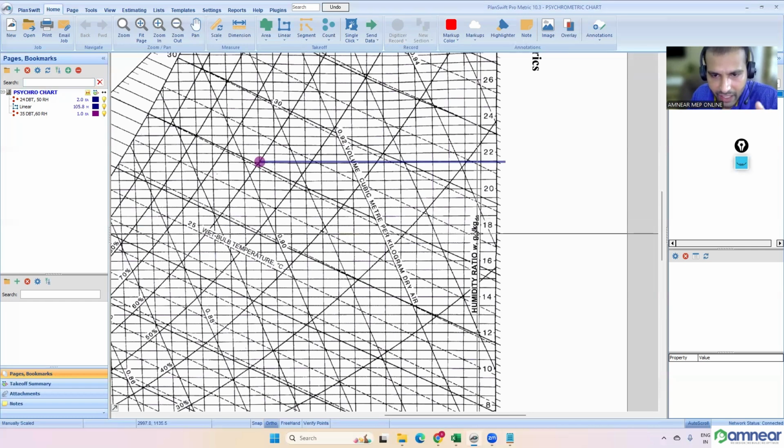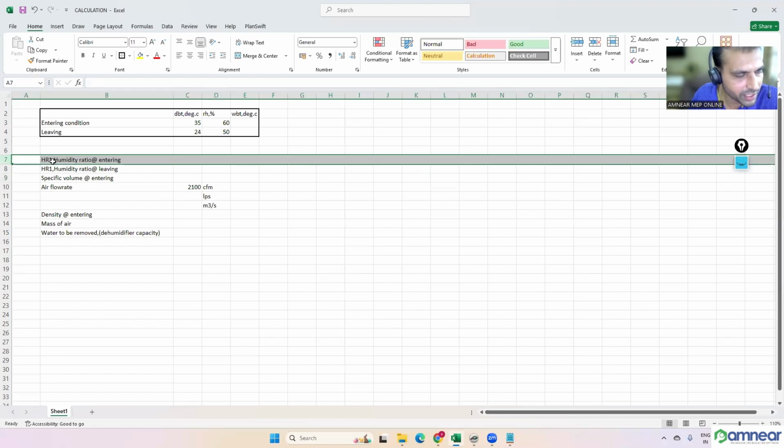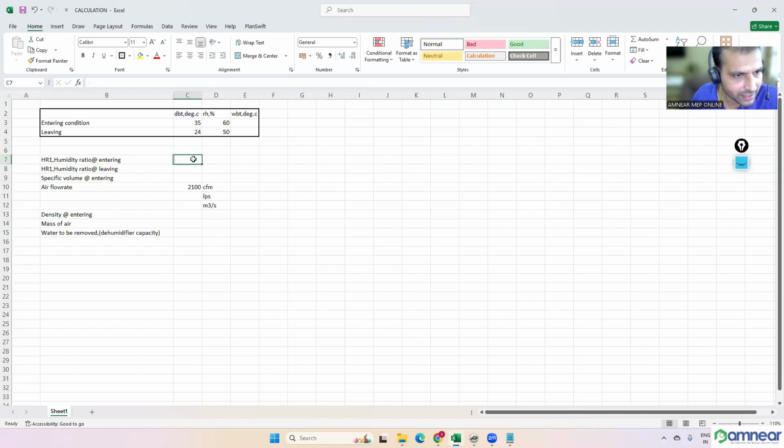For each kilogram of dry air, how many grams of water it is accommodating is called the humidity ratio. So the humidity ratio at the entering condition is 21.5 grams of water per kg of dry air.